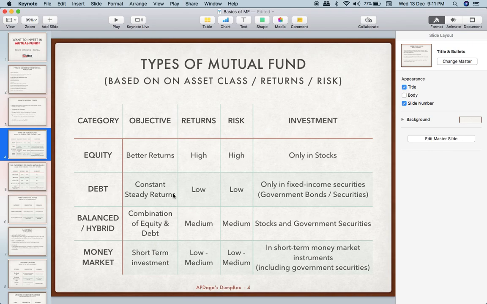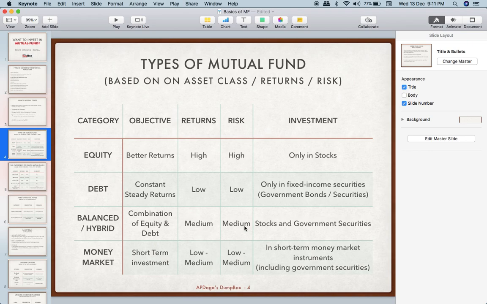Similarly, in debt, your amount gets invested into government securities, government bonds. That's why whatever return you get is low. That is around 8%, 7 to 9%, maybe 11%, comparable to FD, but better than FD, always better than FD. And risk is also low. There are some balanced funds that are a combination of equity and debt.